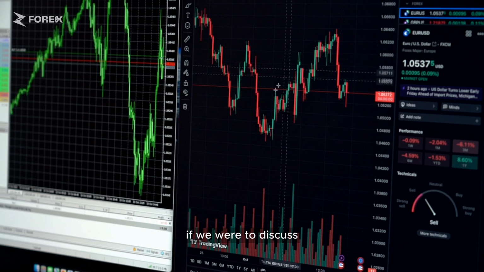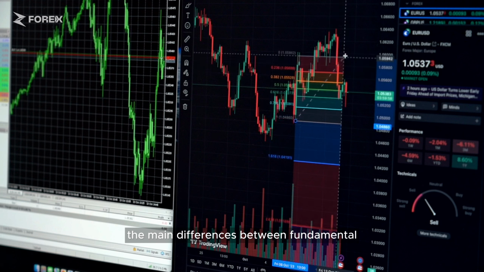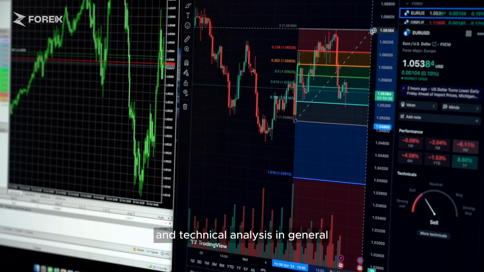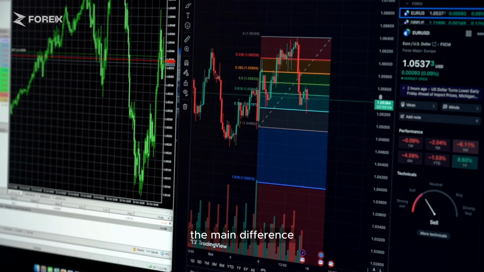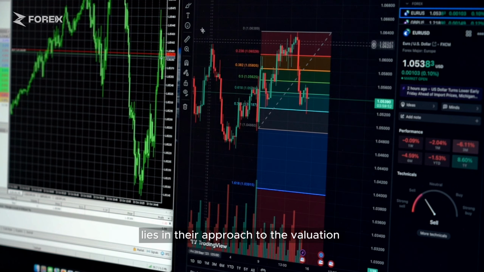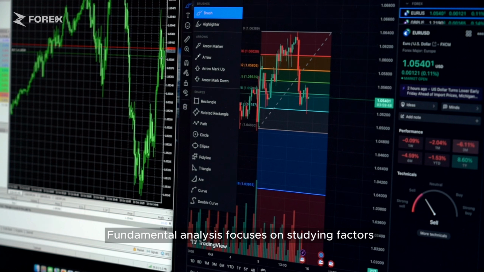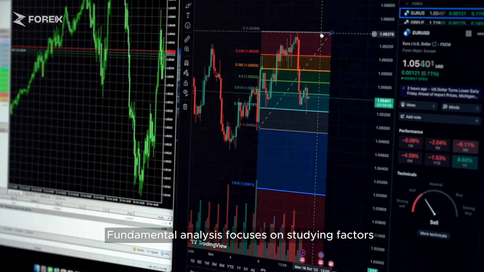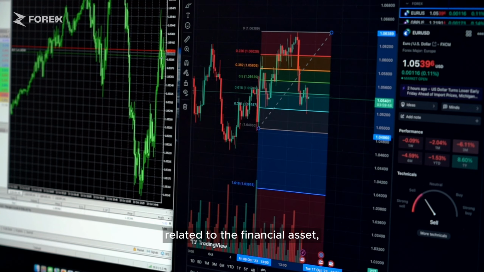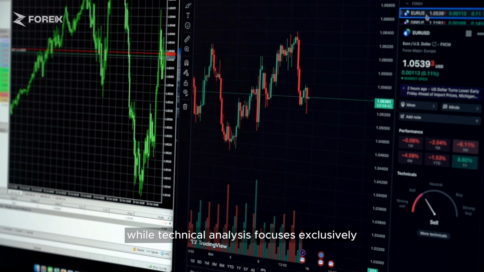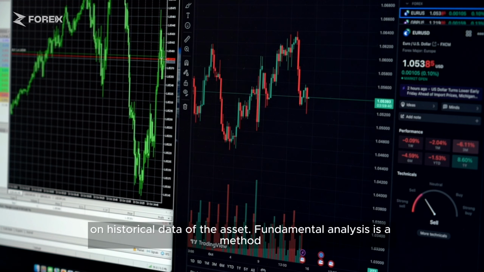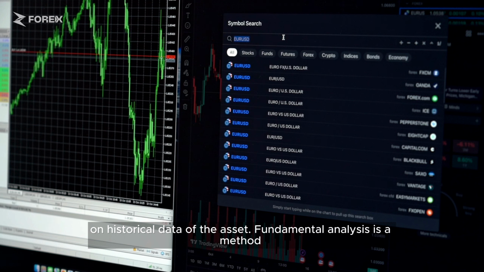If we were to discuss the main differences between fundamental and technical analysis in general, the main difference lies in their approach to the valuation of financial assets. Fundamental analysis focuses on studying factors related to the financial asset, while technical analysis focuses exclusively on historical data of the asset.